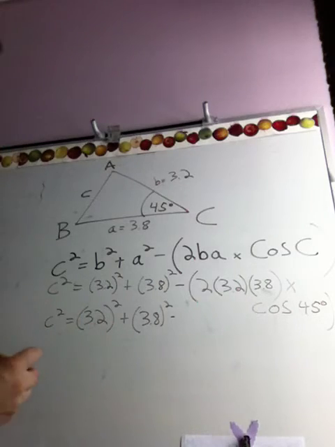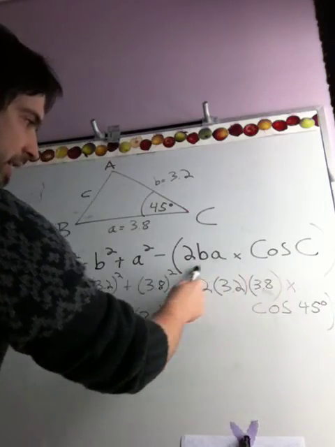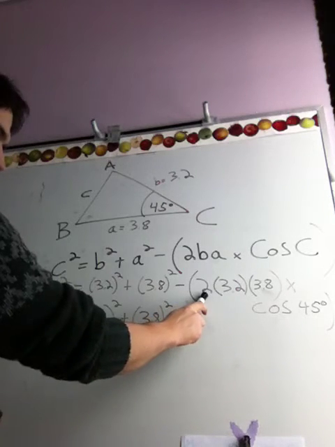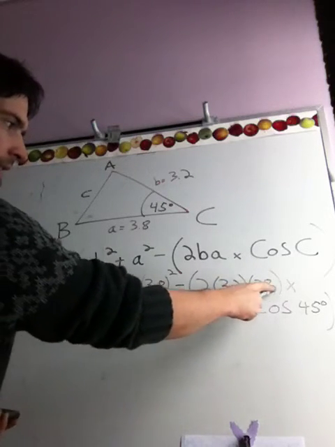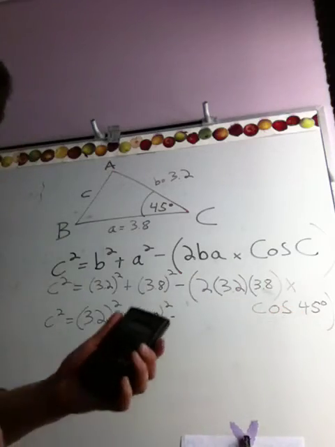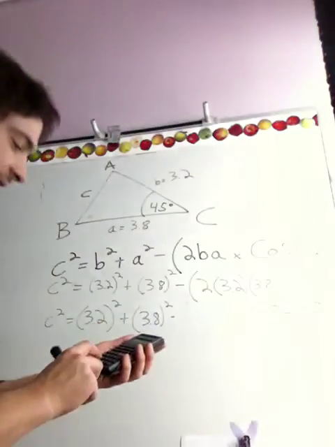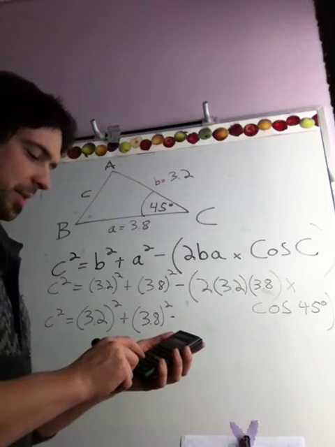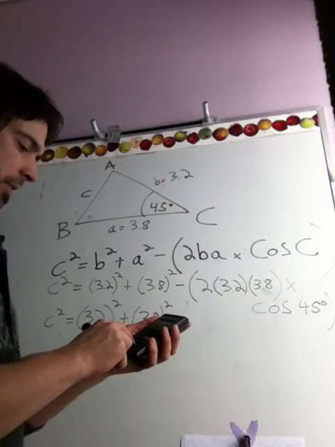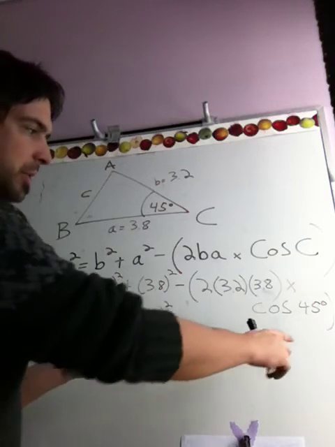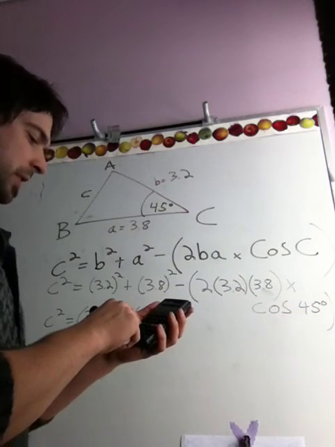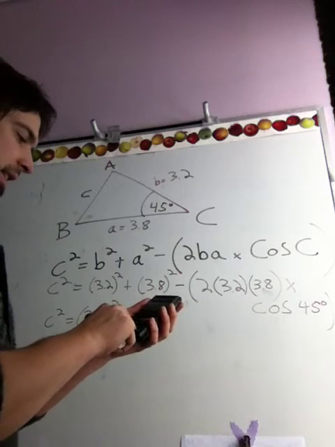So now we're going to take all this in this set of brackets here and resolve it. 2 times 3.2 times 3.8 times the cosine of 45 degrees. On your calculator, that's just going to look like a big black box to you guys. But anyway, 2 times 3.2 times 3.8 times, and remember you put in the angle measure first, 45 cosine, and then equals.